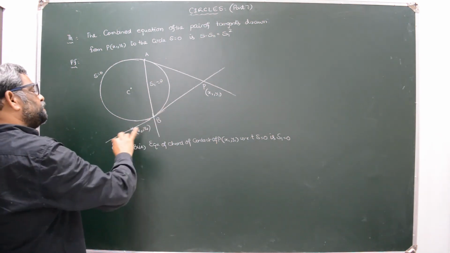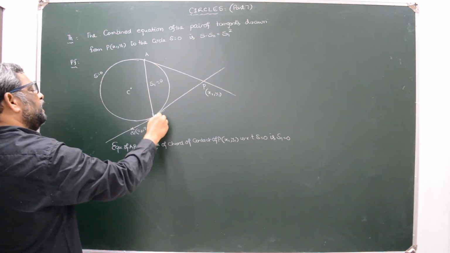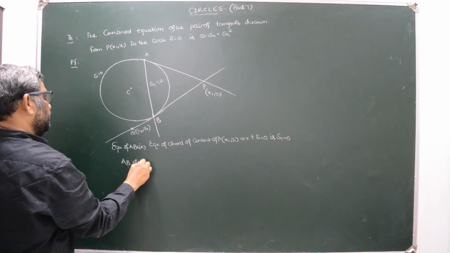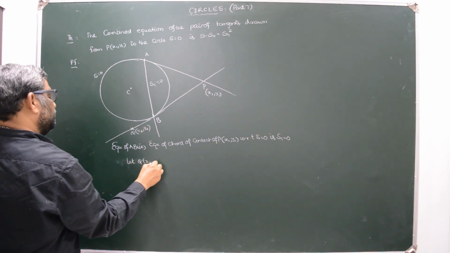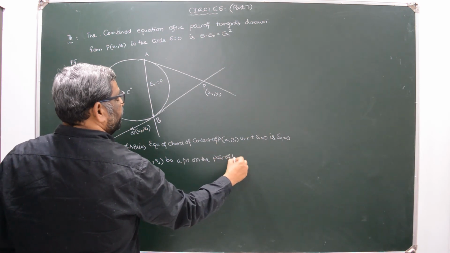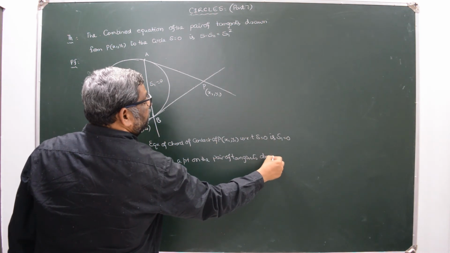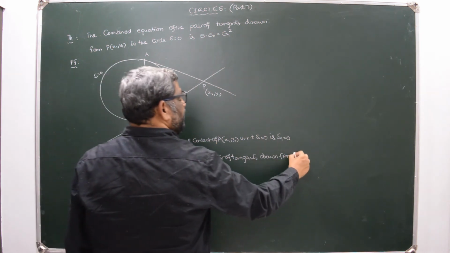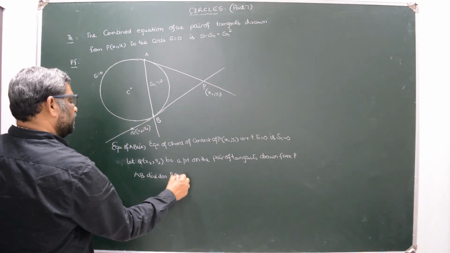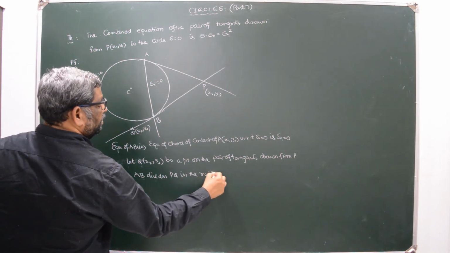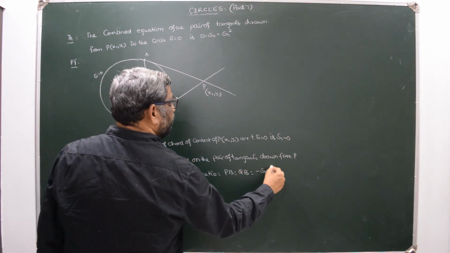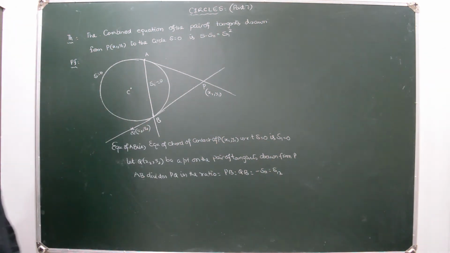Now this line S1 equal to 0 is dividing PQ at the point B. Let Q(x2, y2) be a point on the pair of tangents drawn from P. Now AB divides PQ in the ratio PB is to QB equal to minus S11 is to S12.